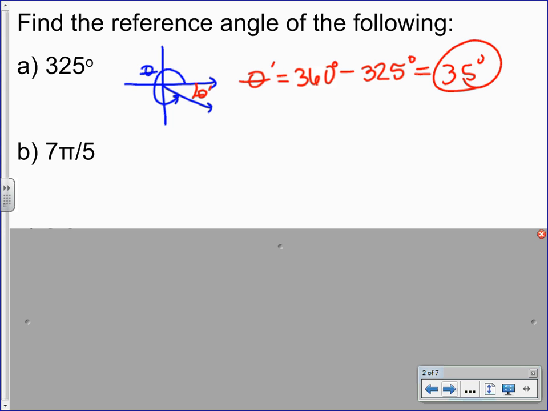Next example, 7 pi over 5. What quadrant is 7 pi over 5? Quadrant 3. It's over 1 pi, but it's not quite to 1.5 pi. Okay? So there's theta, which means this is our reference angle. So Siobhan, how do we find the reference?